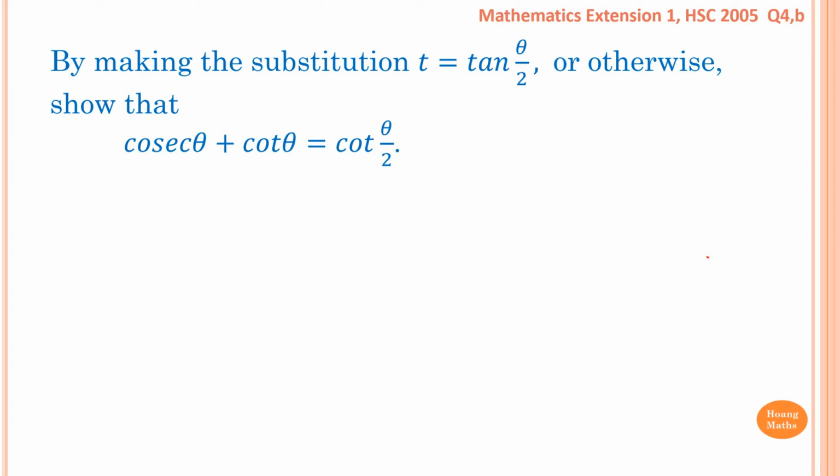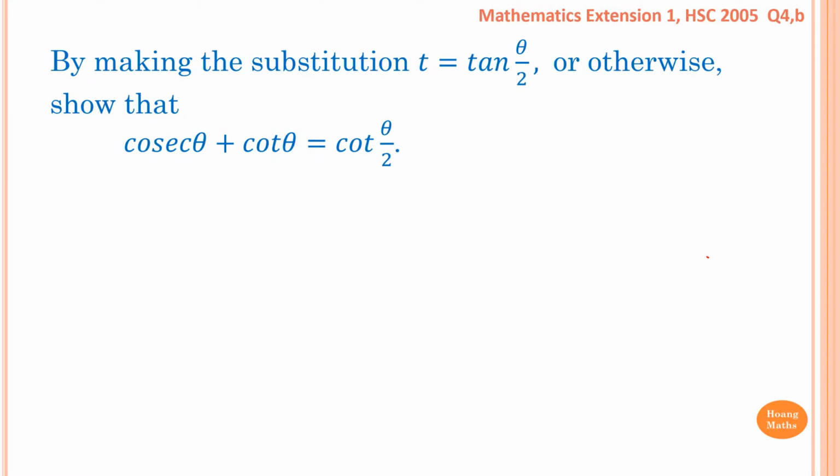By making the substitution t is equal to tan theta over 2, or otherwise, show that cosec theta plus cot theta is equal to cot of theta over 2.